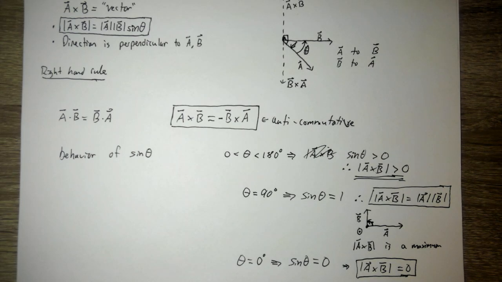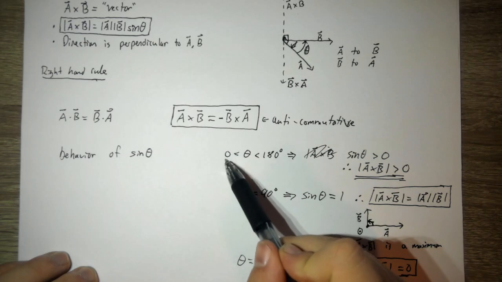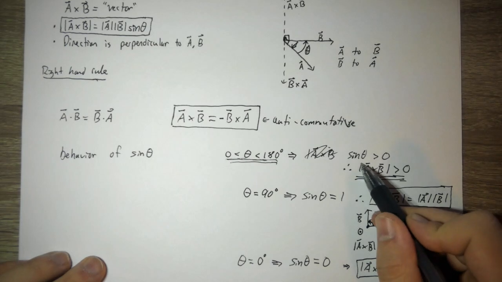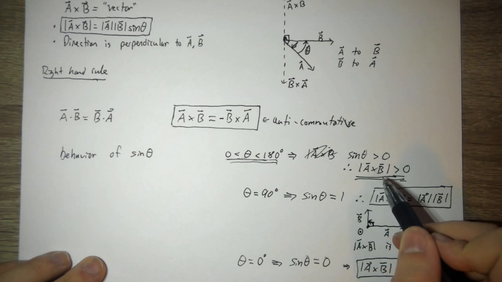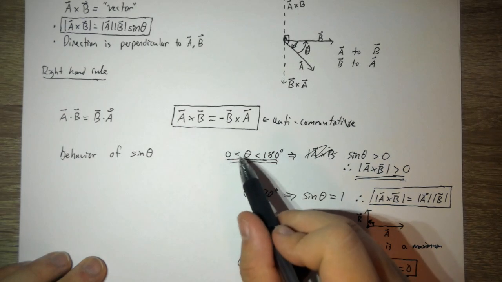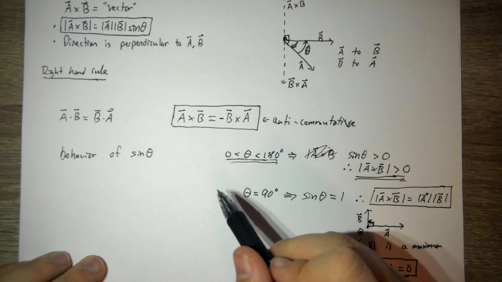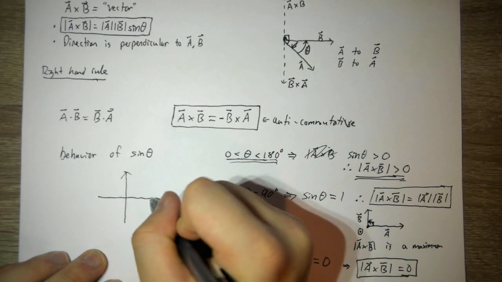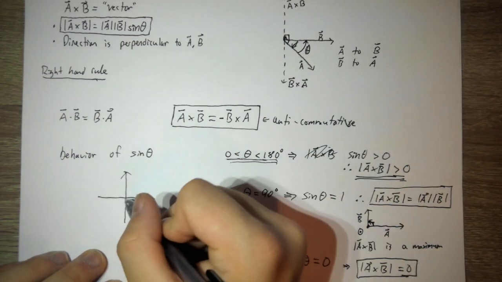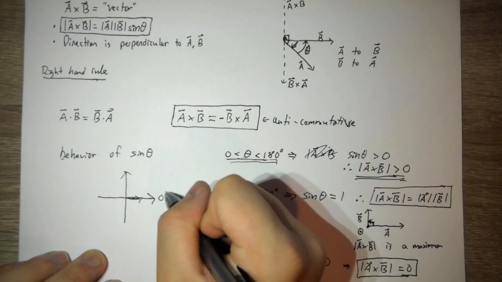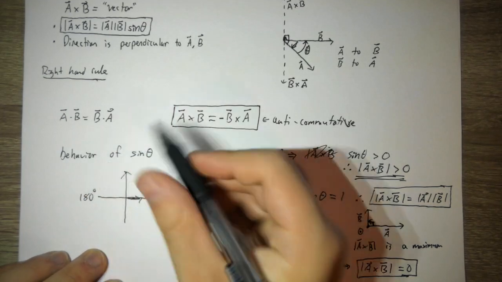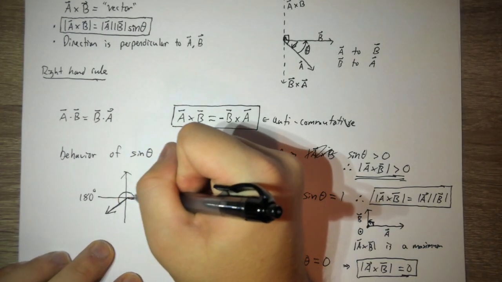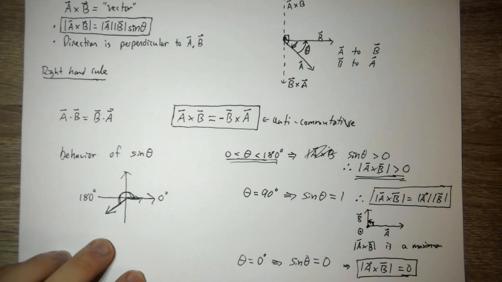One more thing to note is, in the case of these angles and our wanting our magnitude to be positive, we always take the smaller angle between two vectors. What I mean by that is, if we have our angle convention where this is 0 and this is 180, and you have a vector here, we don't take this larger angle here.